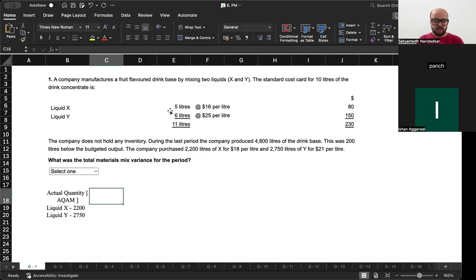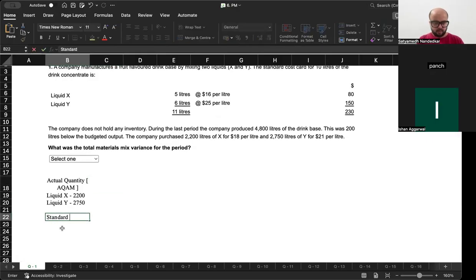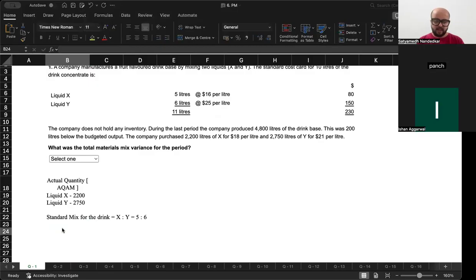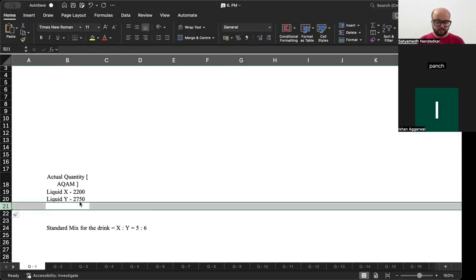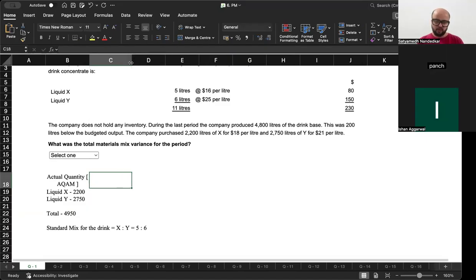Now, what is the standard mix, by the way? Standard mix for the drink, X is to Y should be 5 is to 6. Correct. So whatever material you have, it has to be split in this ratio. What is the total? 2200 plus 2750 will be 4950. Okay, so 2200, 2750, 4950.